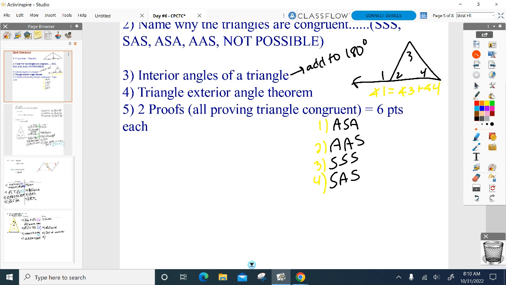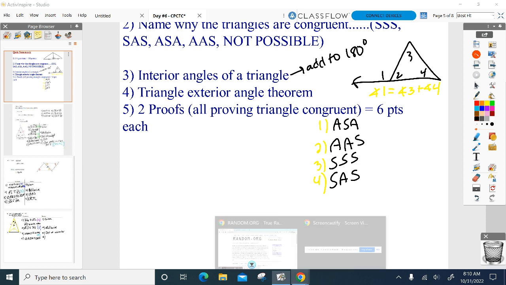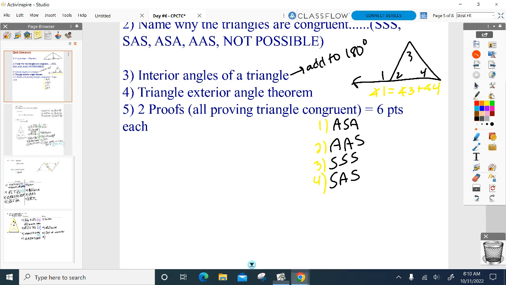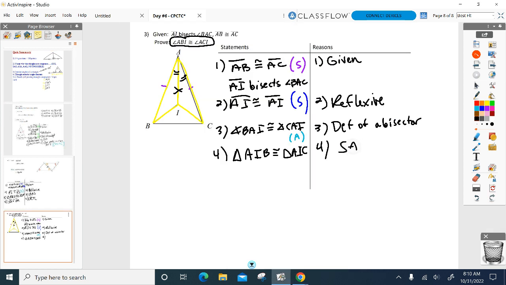Not in that order. Side angle side. There you go. Side angle side. All ready? And I still have to finish the proof, and now the triangles are congruent.